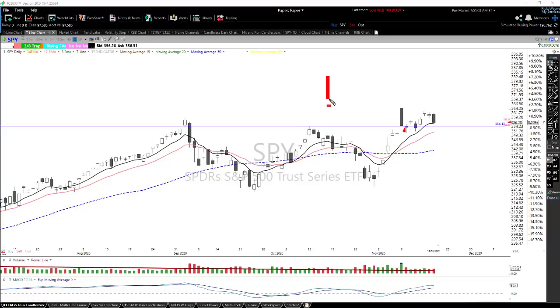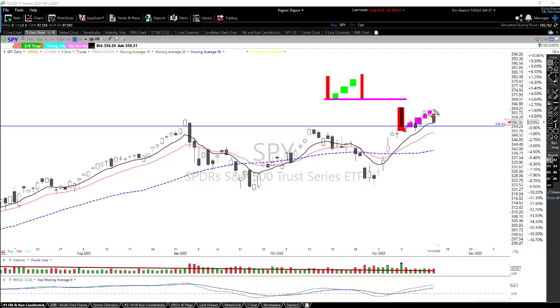You have a bear day, and then you have a fight. The bulls are fighting back. And then you have another bear day. Where trouble starts coming in is below that line right there. Well, let's take a look at this. All right, so here we're down. I know there are too many candles in here, but you can see what's happened.